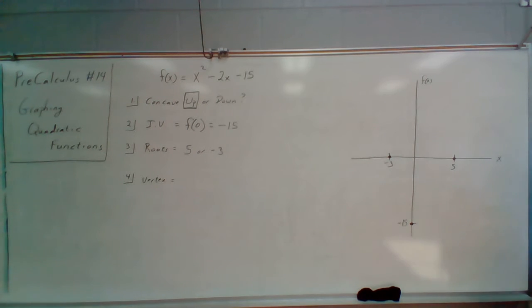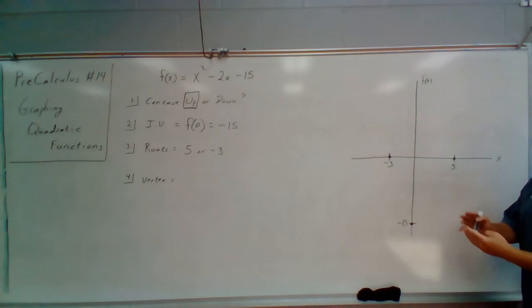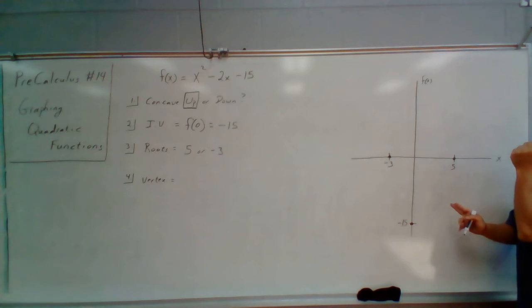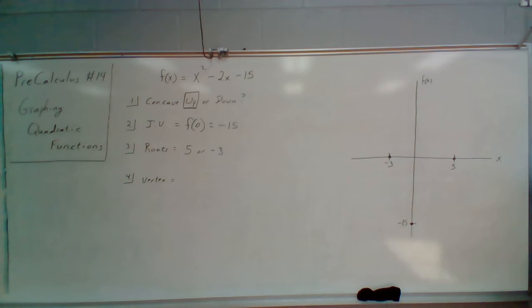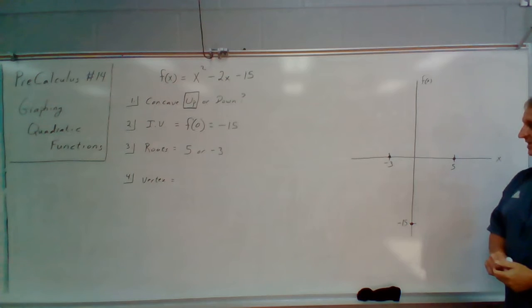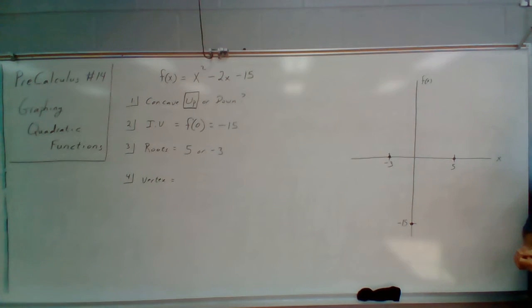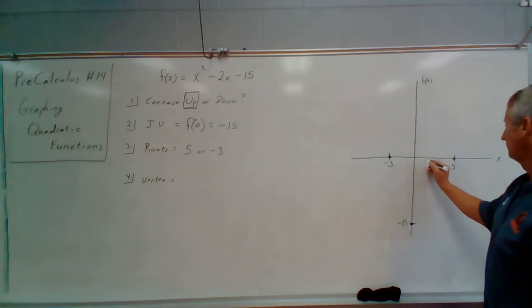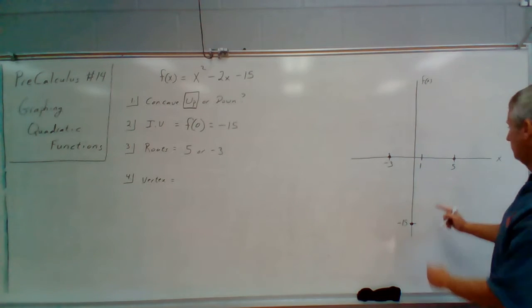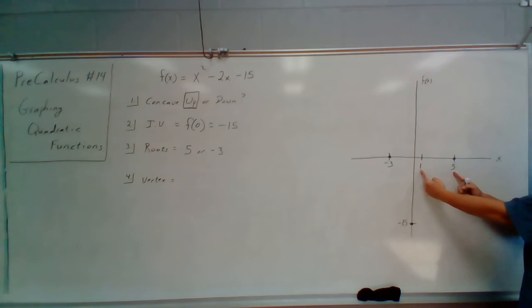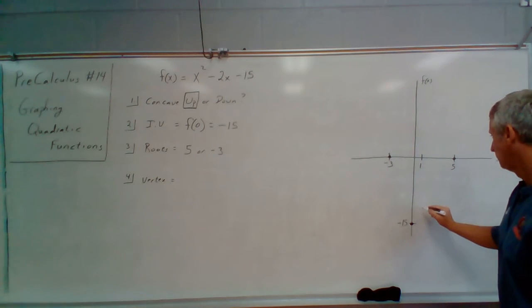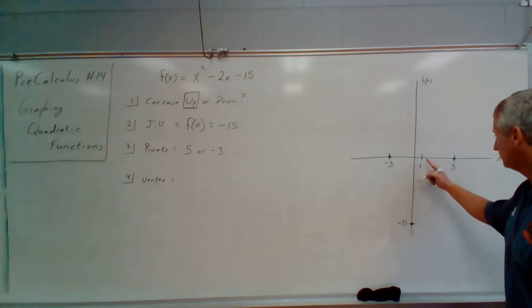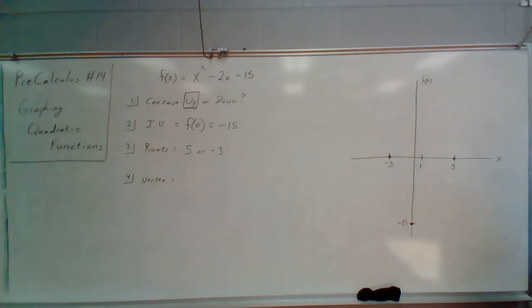Remember, the x-coordinate of the vertex has to be exactly in between 5 and negative 3. What number is exactly in between 5 and negative 3? That would be 1. The distance from 1 to 5 is 4, and the distance from 1 to negative 3 is 4. So the x-coordinate of my vertex would be at 1.